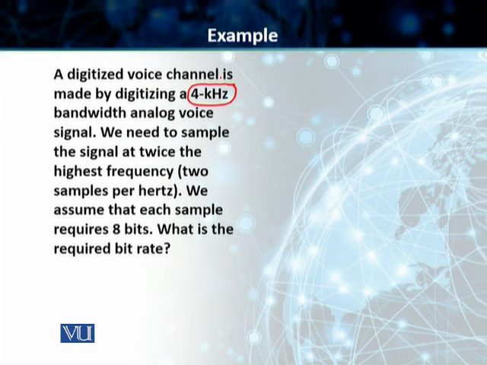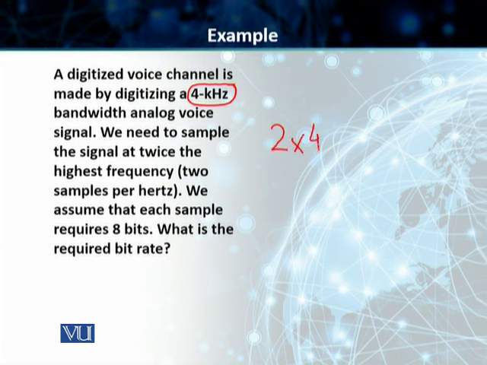That is your bandwidth. So we need to sample the signal at twice the highest frequency, which is 2 samples per hertz. Students, once again, we assume that each sample requires 8 bits, and we need to find the bit rate. In this particular case, because we need to sample at twice the highest frequency, we multiply by 4 kilohertz, which is our bandwidth. So 4 kilo means 4,000.